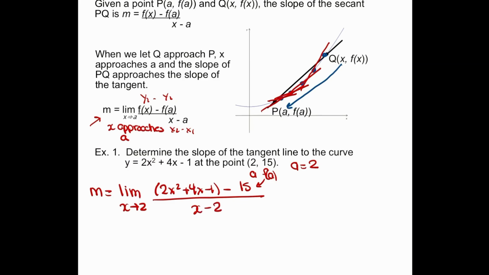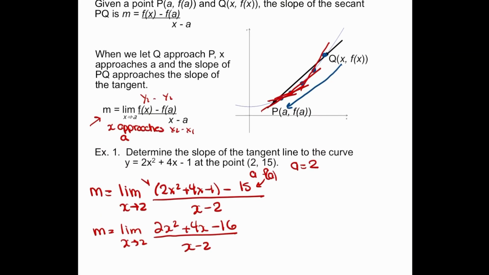We're going to collect some like terms here up in this top part. When we do that, we end up with 2x squared plus 4x, and then negative 1 minus 15 gives us a negative 16, all over x minus 2.